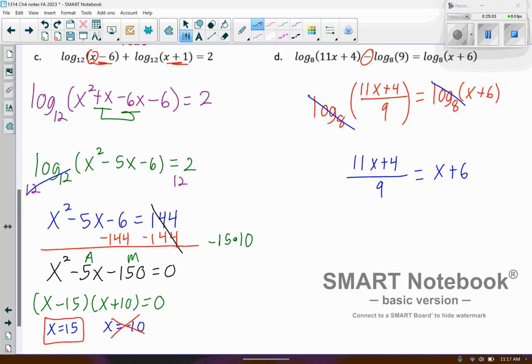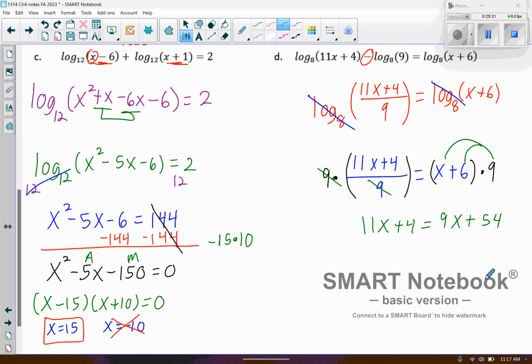Now, like what we did the last time we had a fraction, we wanted to get rid of it, and so we're going to multiply both sides by 9 in order to accomplish that. So on the left side, the 9's will cancel out, and I'm going to be left with 11x plus 4 equals, and then here I need to distribute that 9 to both parts here. So that's going to give me 9x plus 54.